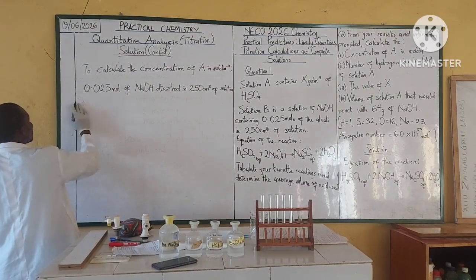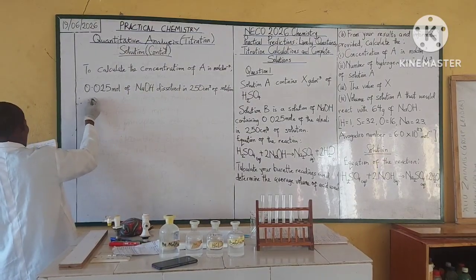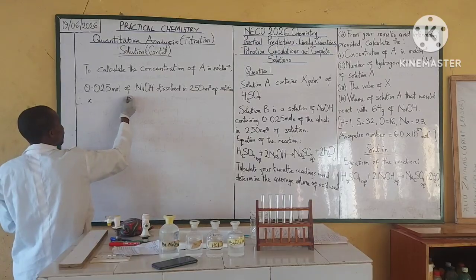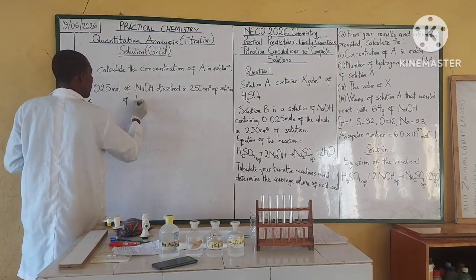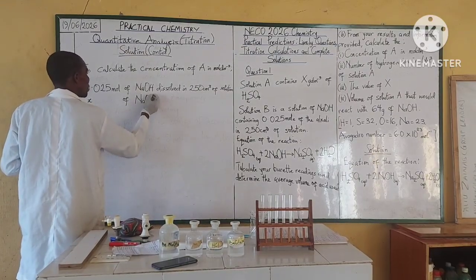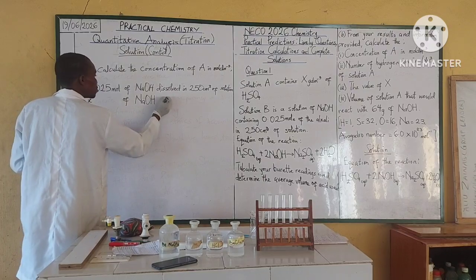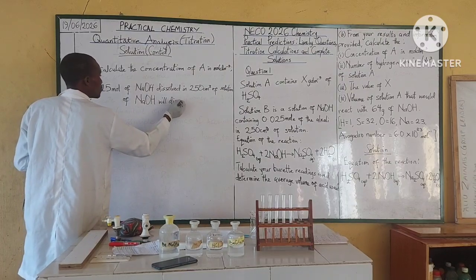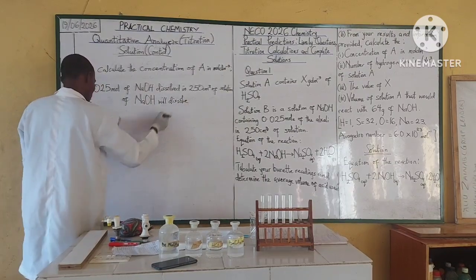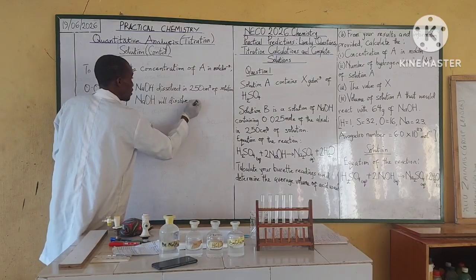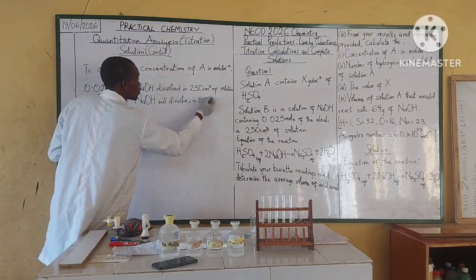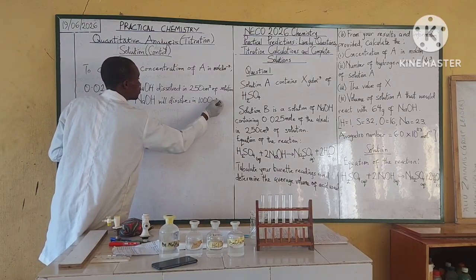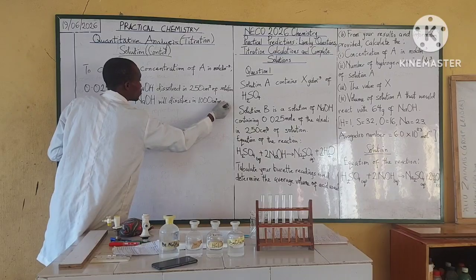Therefore, X of NaOH will dissolve in 1000 cm3 of solution.